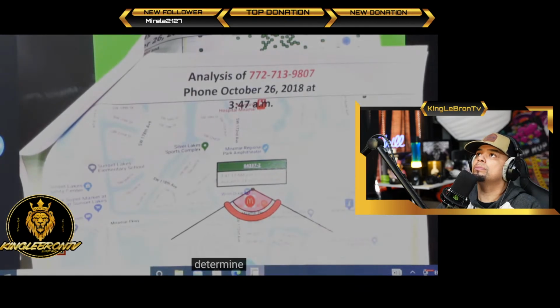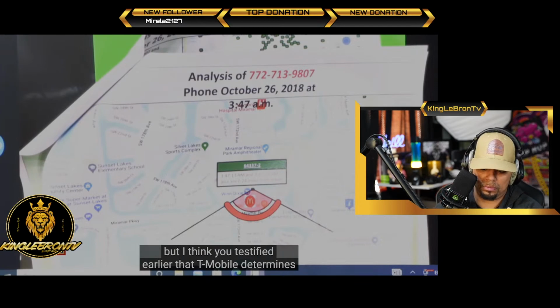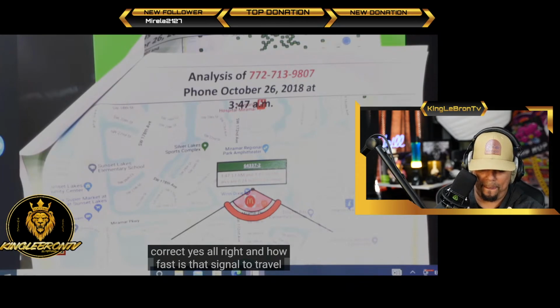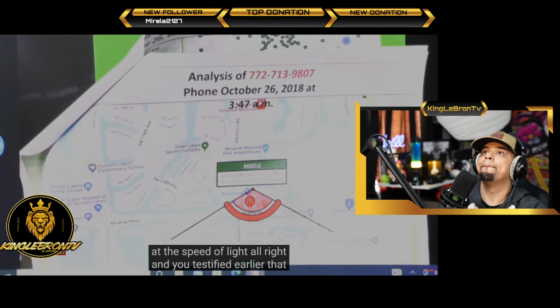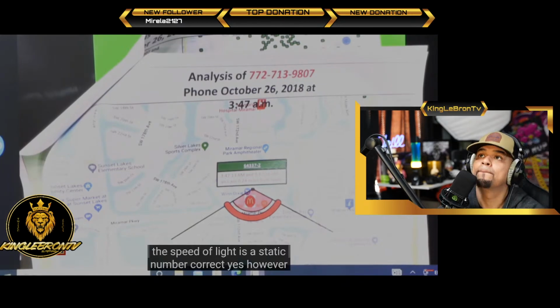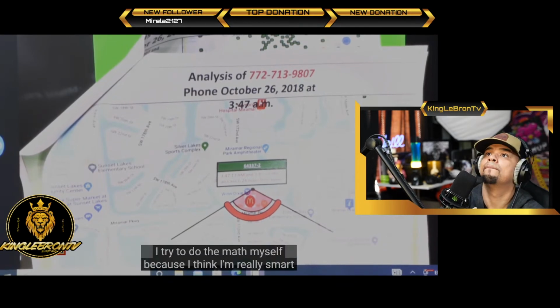All right. How does T-Mobile determine? I think you testified earlier that T-Mobile determines the distance by speed times time equals distance, correct? Yes. All right. And how fast does that signal travel? At the speed of light. And you had testified earlier that the speed of light is a static number, correct? Yes. However, I tried to do the math myself because I think I'm really smart.